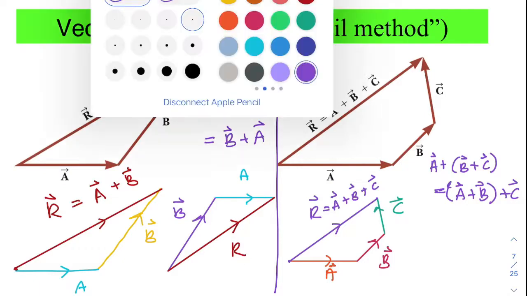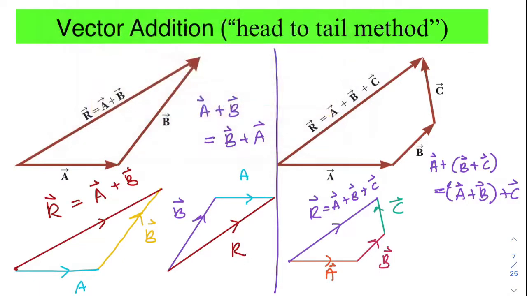So this kind of method we call the associative law of addition. And this method we call the commutative law of addition.